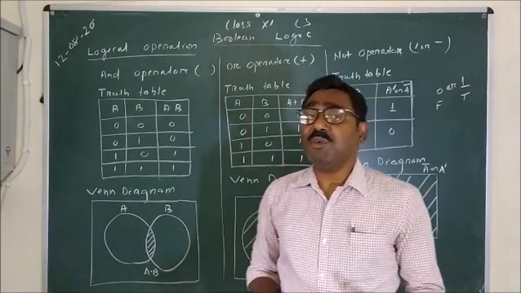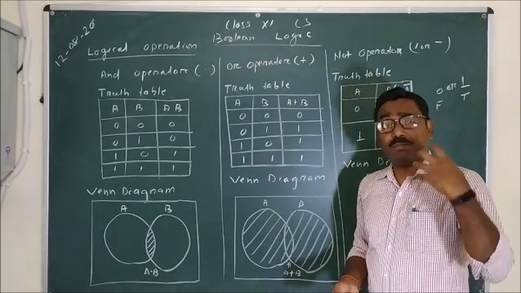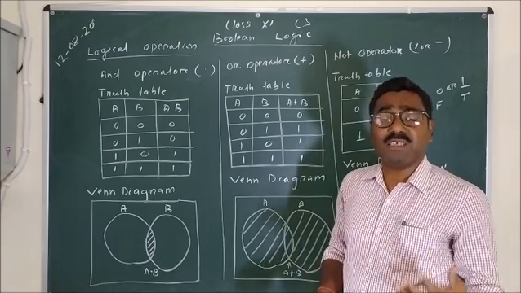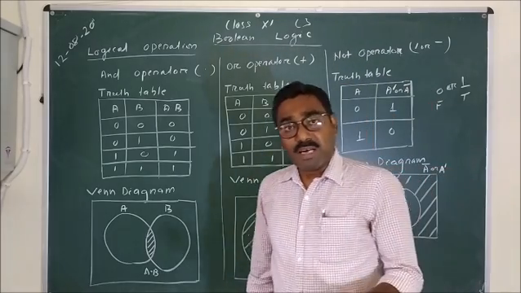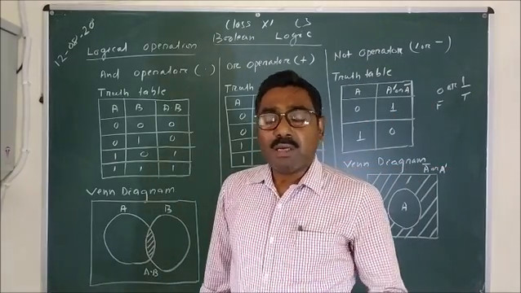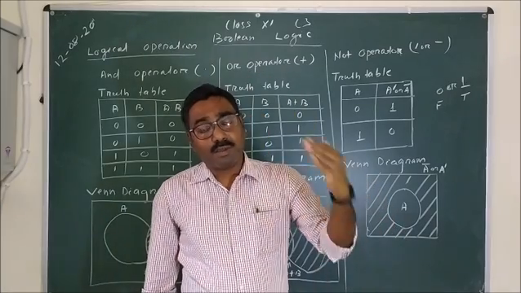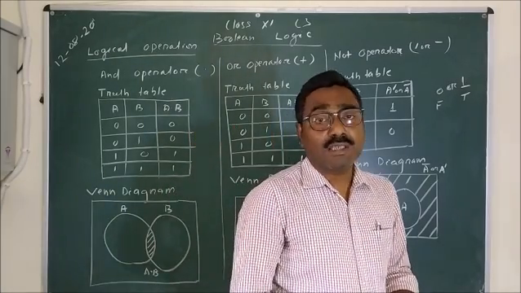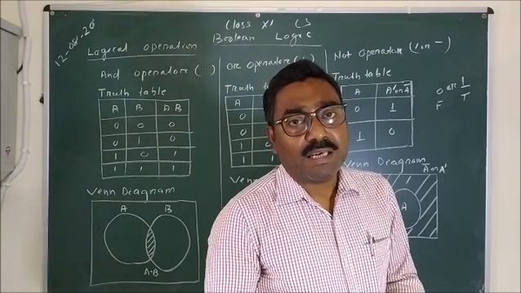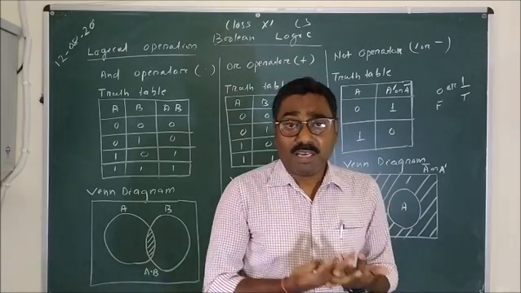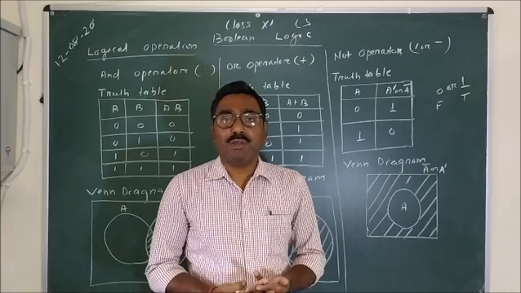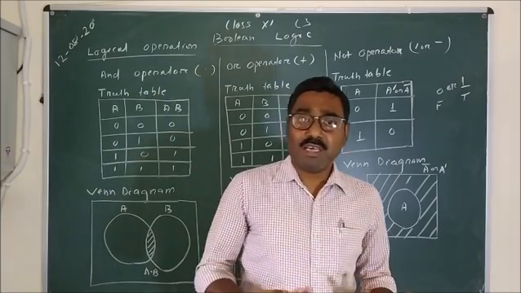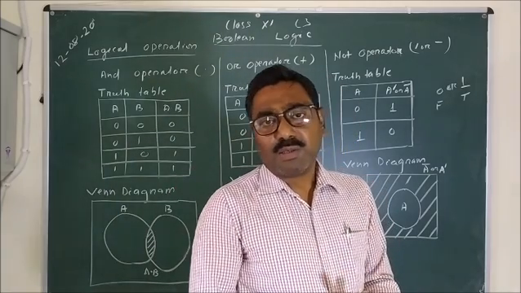Binary variables are those variables which represent a value either 0 or 1, because binary values are only zeros and ones. So the variable whose value ranges in 1 or 0 is known as a binary variable. So binary quantity: true or false, 0 or 1. Binary variable: a variable whose value ranges in zeros and ones.